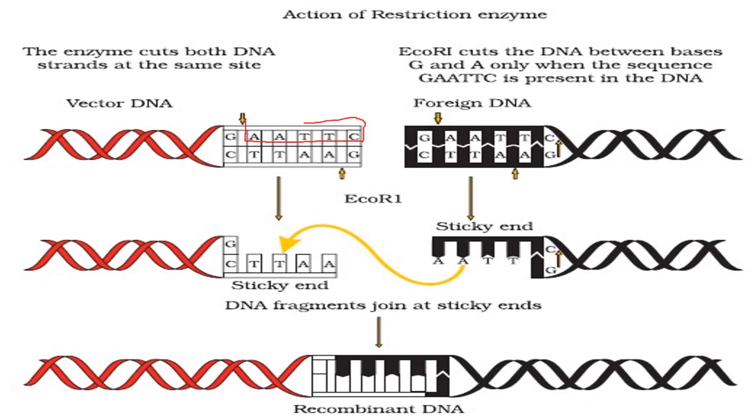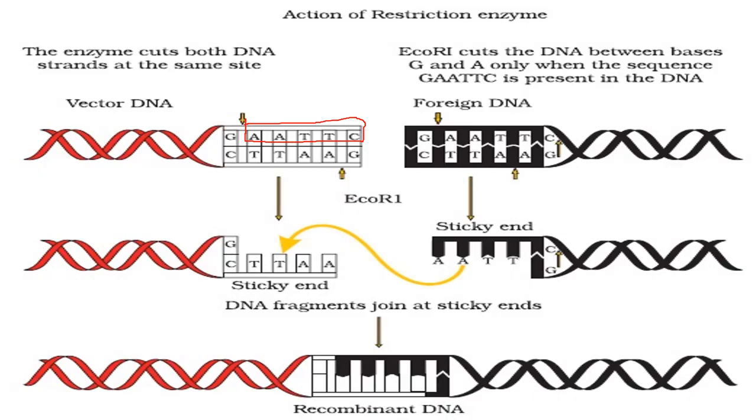When EcoR1 works here, this stretch of DNA will be separated, so a structure like this will be produced. And this type of end of DNA is called a sticky end, because it can stick with another fragment of DNA. So it can stick with that. That's why this is called the sticky end of DNA.